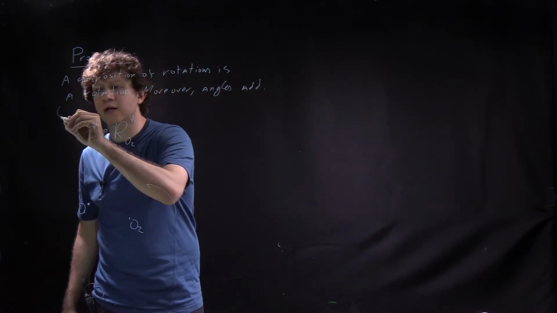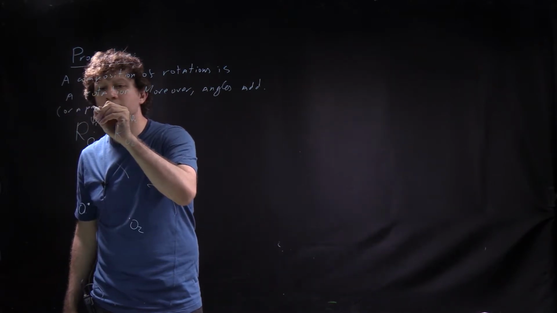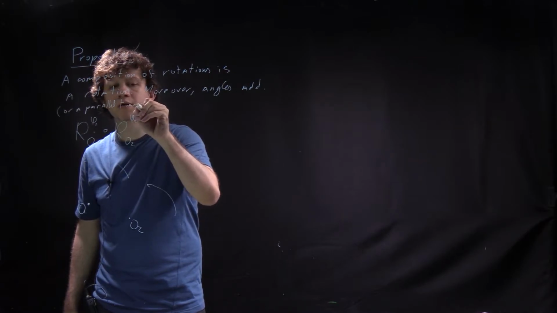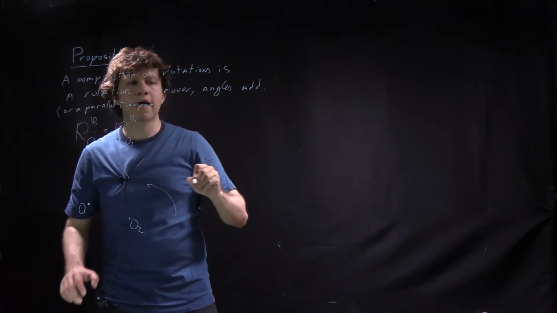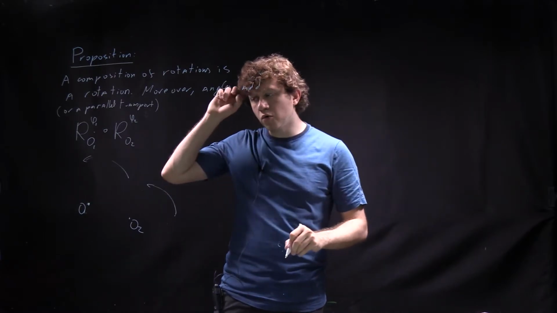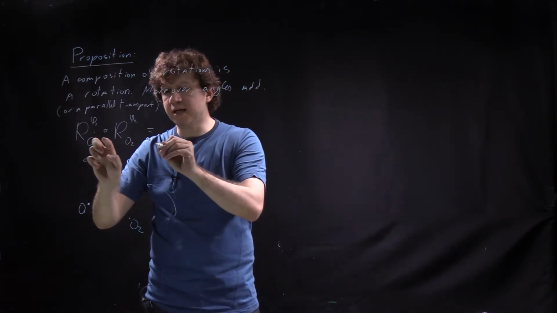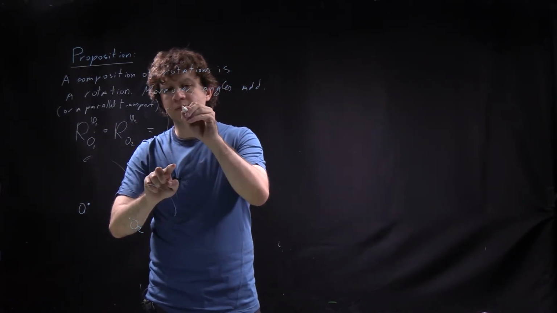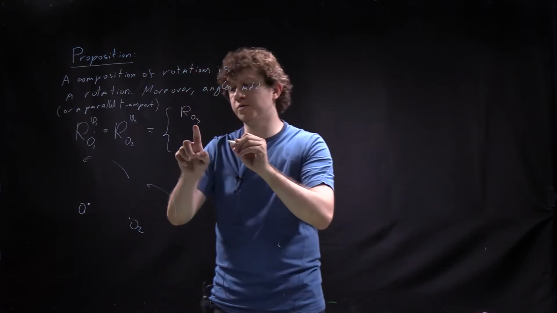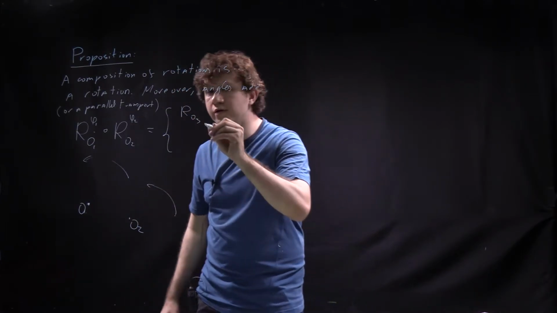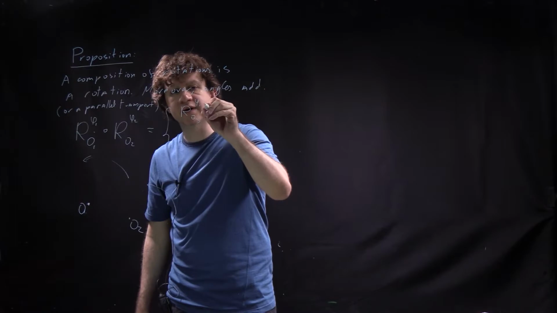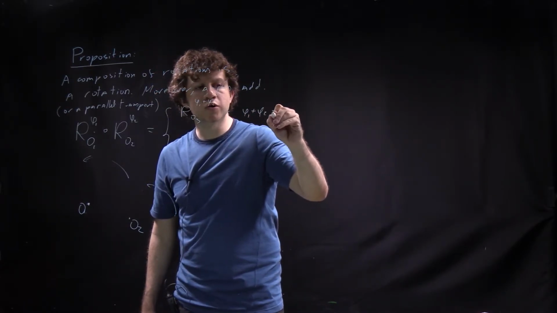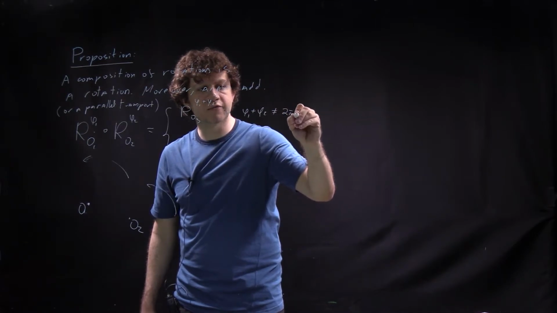So actually, I'm sorry, let me say here carefully: a composition of rotations is a rotation or a parallel transport, and angles add. So more carefully, I'd say that if I take rotations with angles phi1 and phi2, then it will be a rotation with a certain center O3, which one can find, but it's non-trivial, and angle phi1 plus phi2, if phi1 plus phi2 is not equal to 2 pi k for some k.